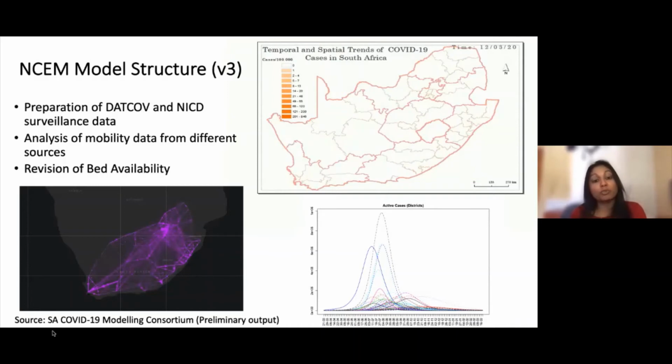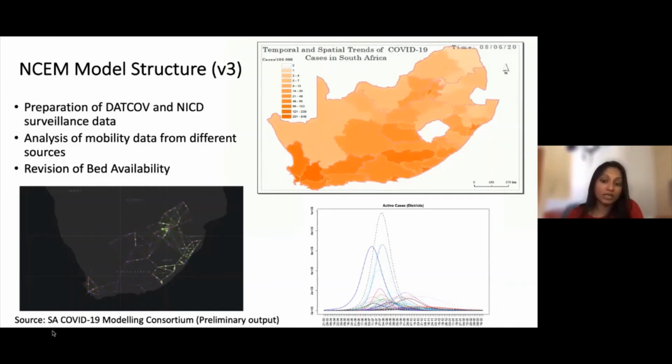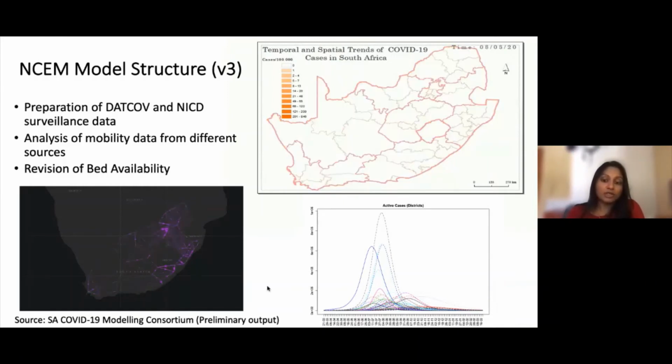And so we looked to mobile providers locally in the country, knowing that global providers like Facebook or Google Mobility were not necessarily representative sets of data for a country such as ours. So we looked to local mobile providers to assess the connectivity between districts.